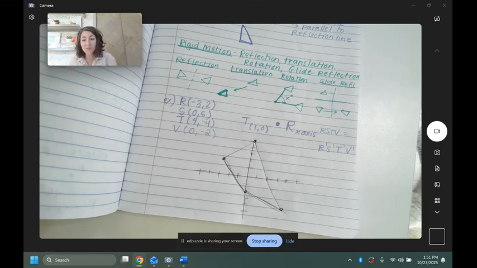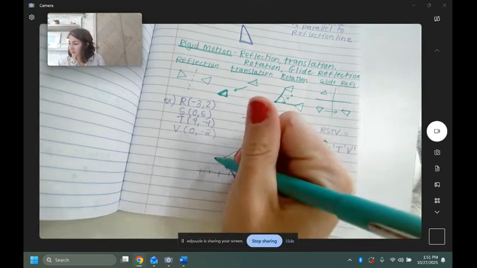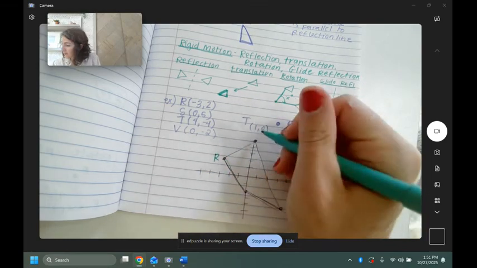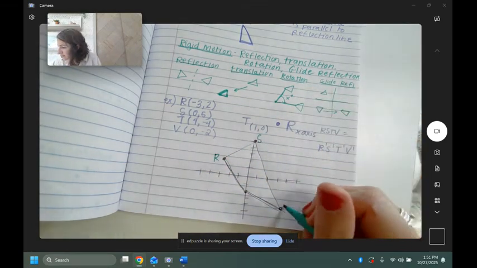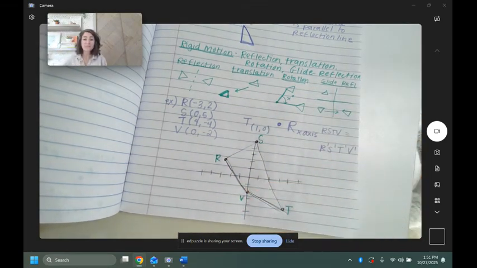So I'm going to flip it over the x-axis. Hold on, let's label these. R, S, T, and V. So I want to kind of do this in 2 steps, but also the middle step is not really part of the glide.